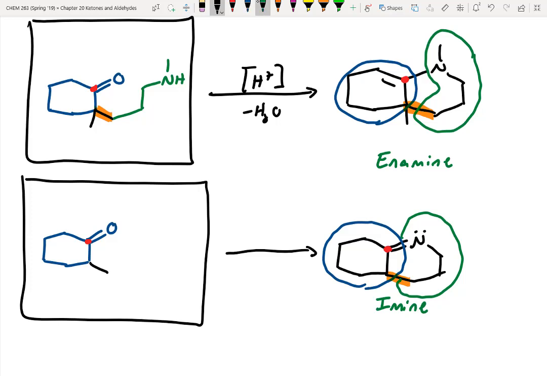And then we've got 3 carbons coming off. So 1, 2, 3. And just like over here, we said that that was the connection point. Main difference with this one versus the one right above it is we have a primary amine, not a secondary amine. Therefore, we're getting our double bond in a different position.